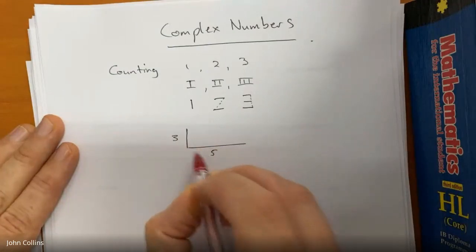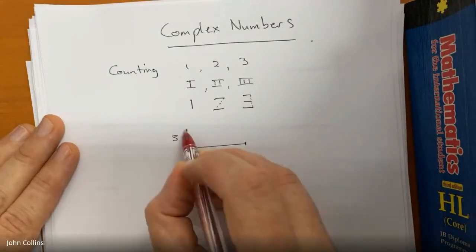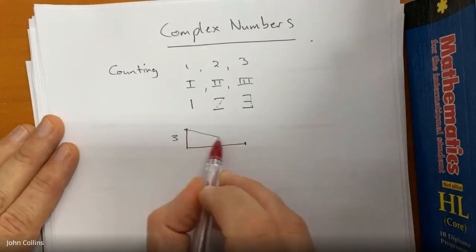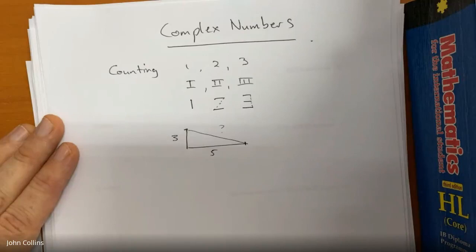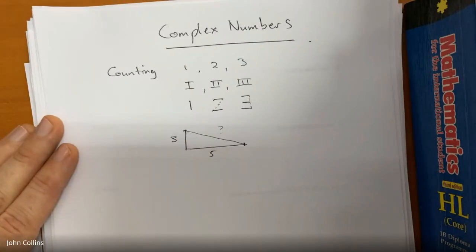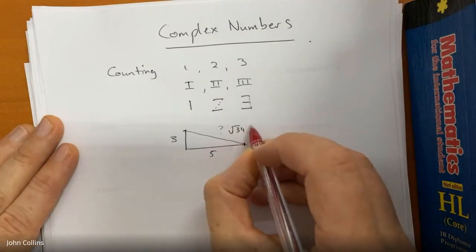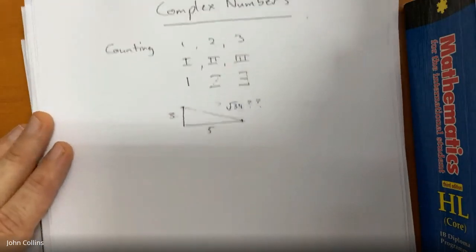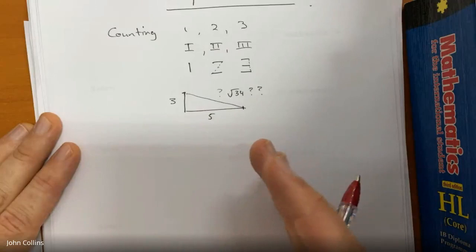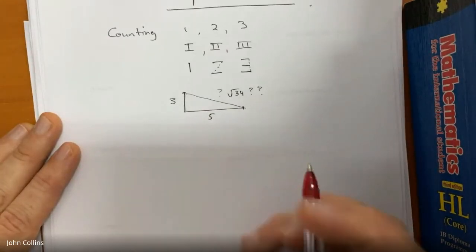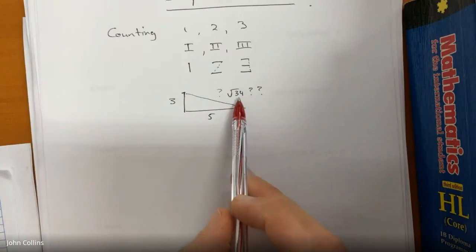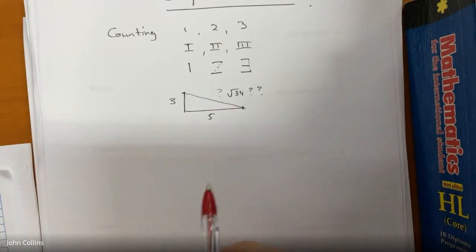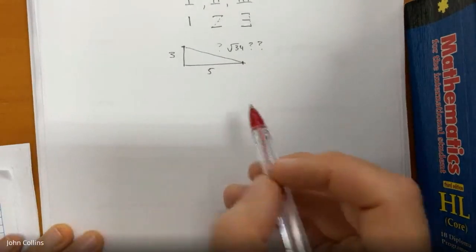If you count out 5 units that way and 3 units that way in a right angle triangle, what you get on this side is no longer a counting number, because you square 3 and square 5, and then you get the square root of 34, which is no longer a normal counting number. So we need to delve into fractions, surds and irrational numbers, and then we need to include complex numbers, which is the square root of a negative number.